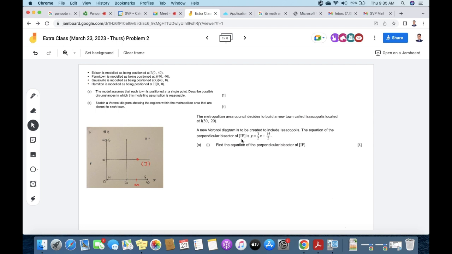So if we connect I and E, let's use another color here, and divide this into two, roughly, that's the perpendicular bisector. It is being said that this has an equation of y equals 3/2 x plus 15/2. Before I proceed, any questions?